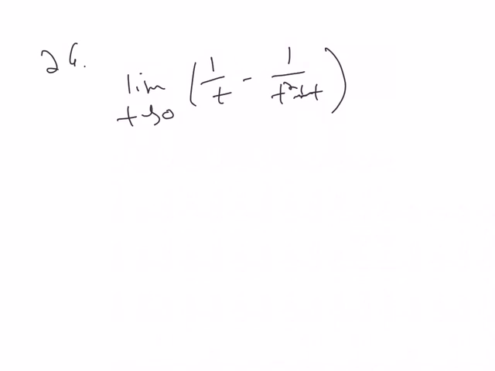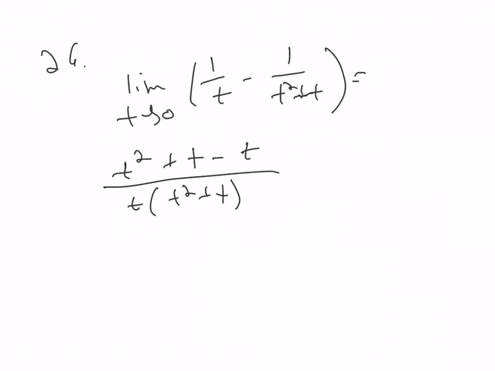So let's first find the common denominator. This is equal to (t squared plus t minus t) over t times (t squared plus t).